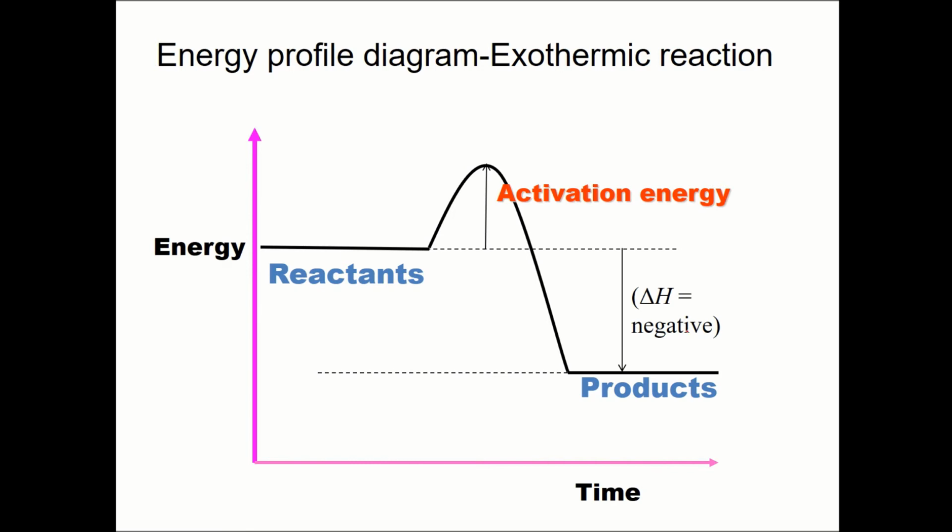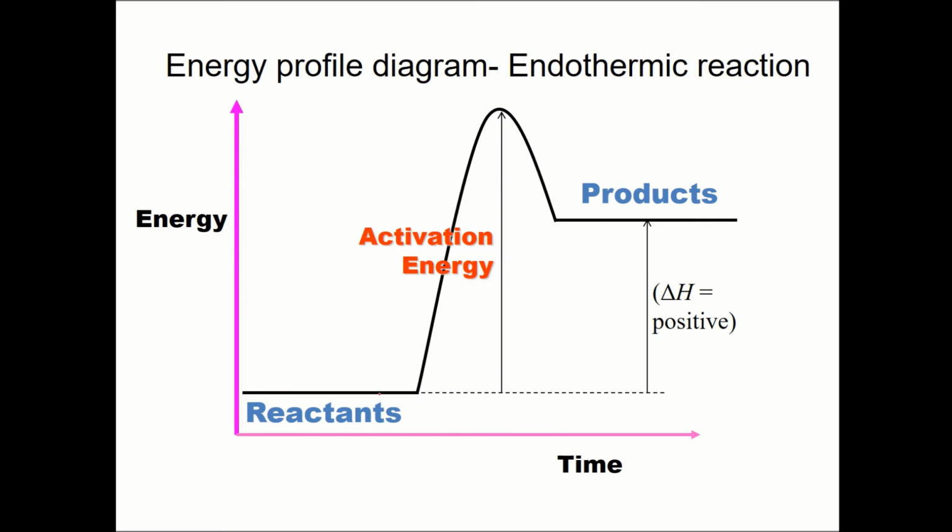So delta H is negative. Similarly, for an endothermic reaction, your reactant will still have to have a minimum amount of energy, okay, so that it can form your product. And here, your reactant will gain energy to form product, so delta H is positive.